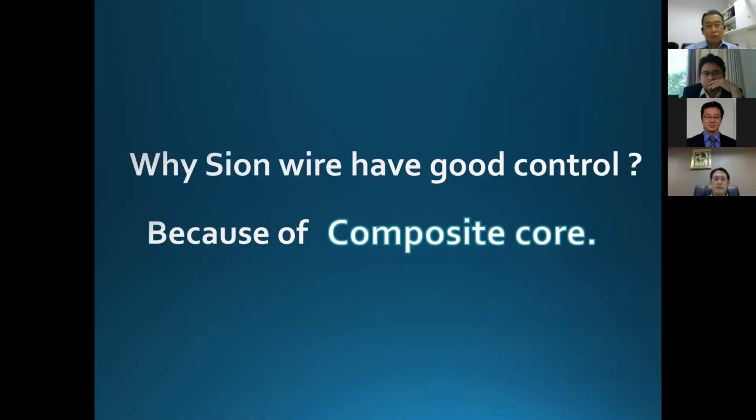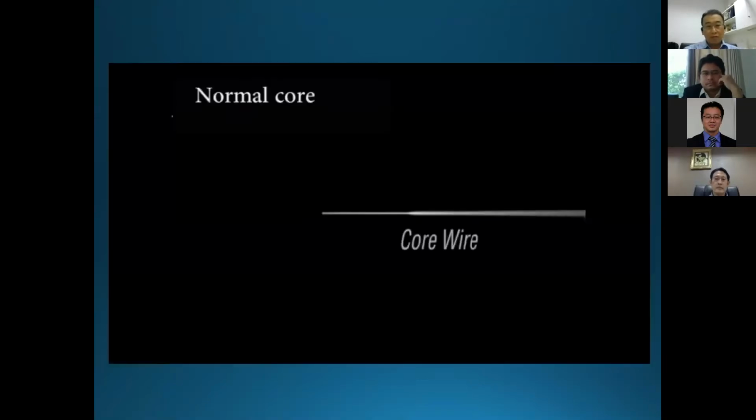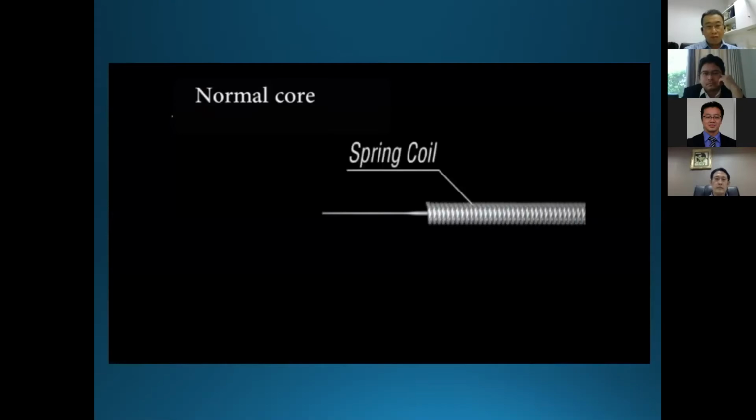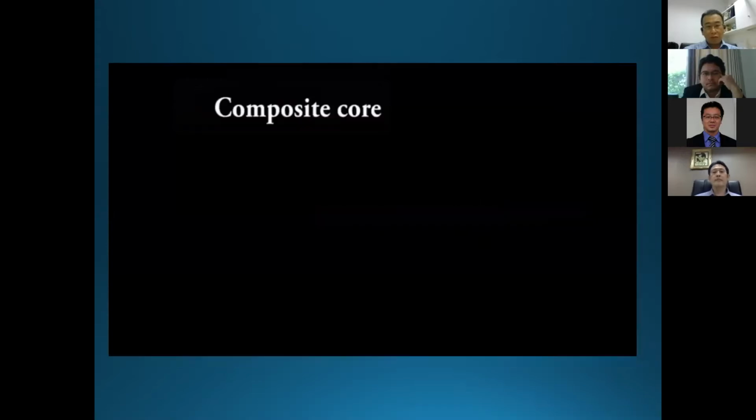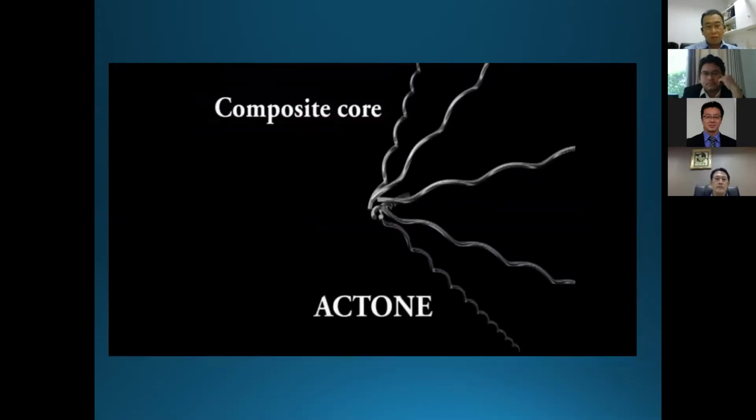Why does the Sion wire have good control? Because this guide wire has a composite core. Please look at this movie. This one is a normal core guide wire, which has a very simple structure.